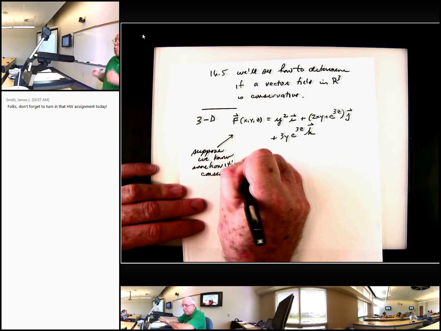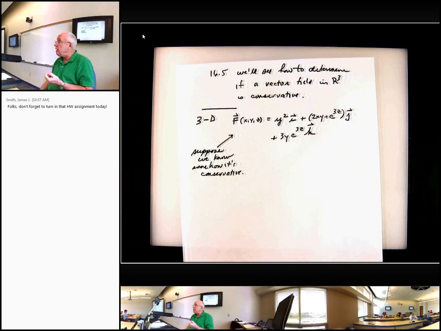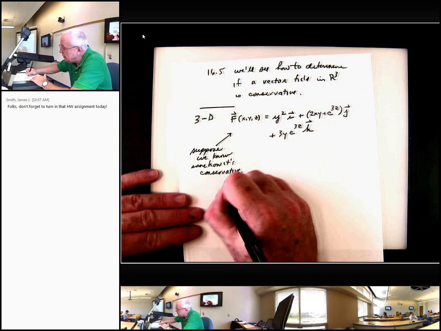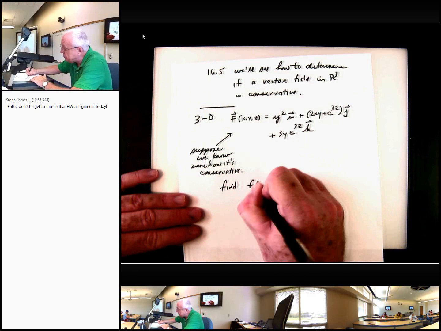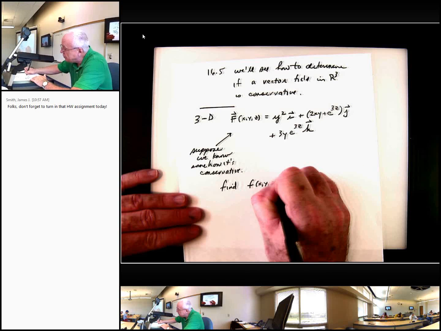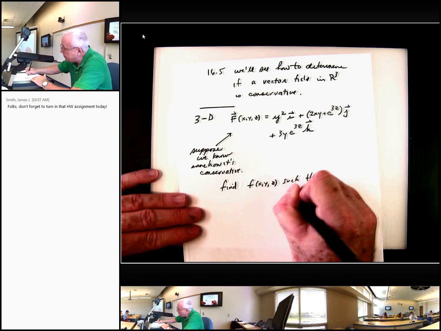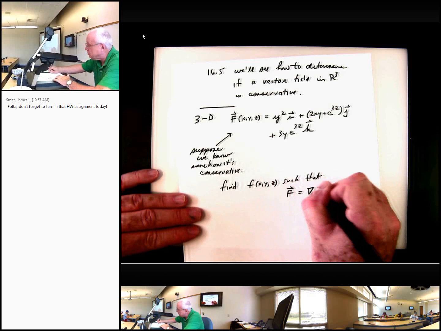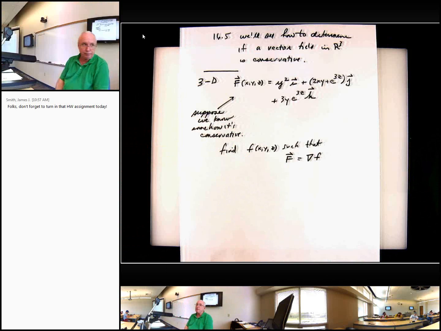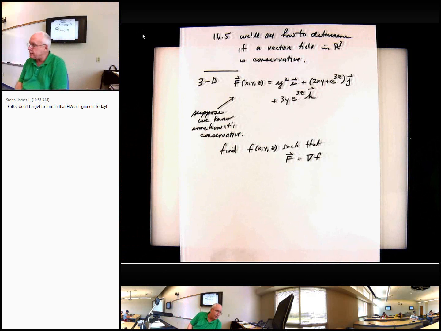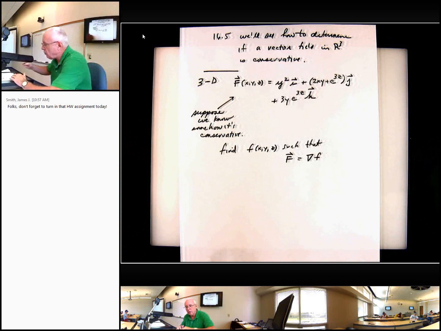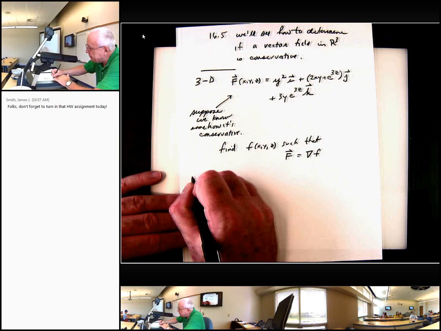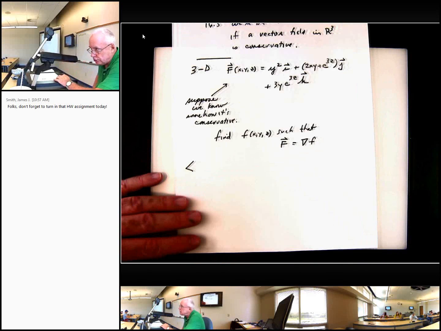What we're going to do now is find the little f function such that our capital F vector field is equal to the gradient of that function, because if it's conservative, we know that that is the case. Now, what I'm going to do here is very similar to what we did in the 2-dimension case.